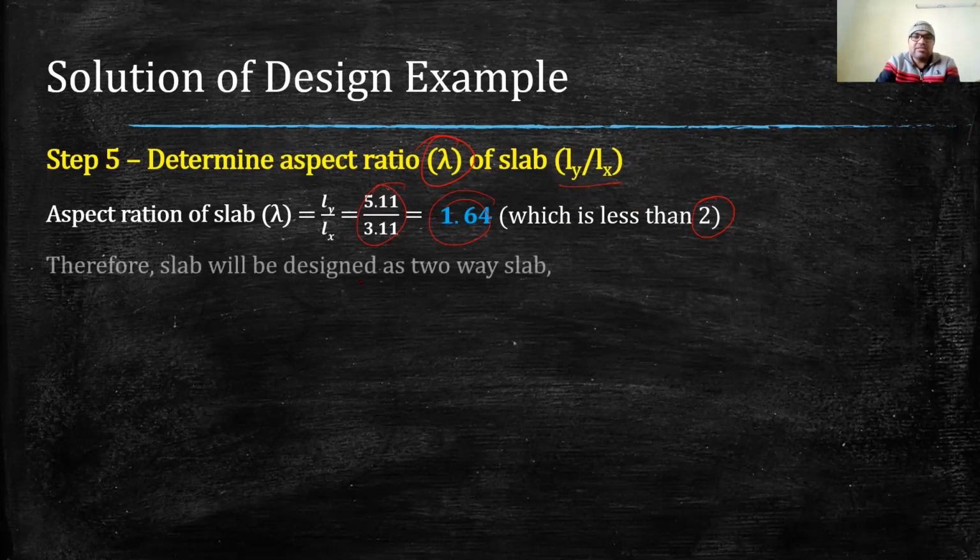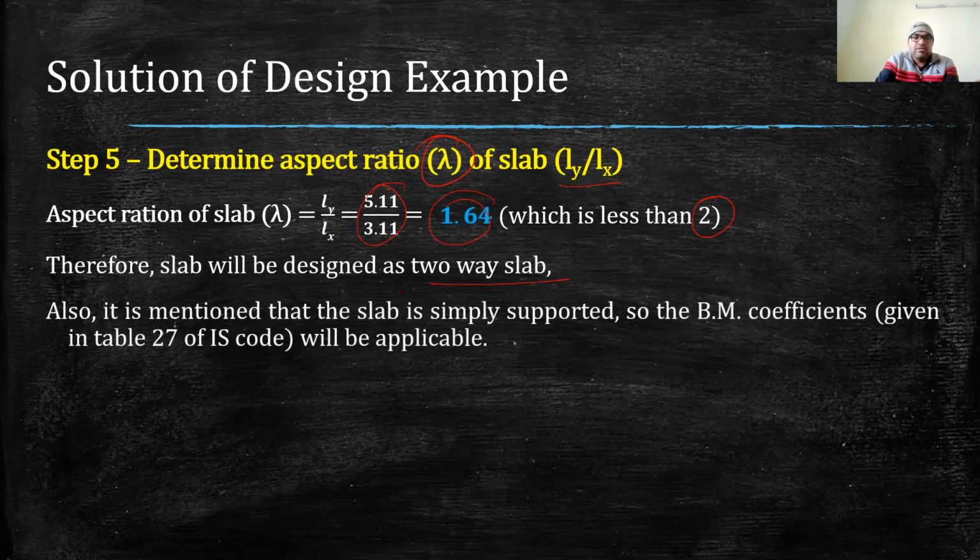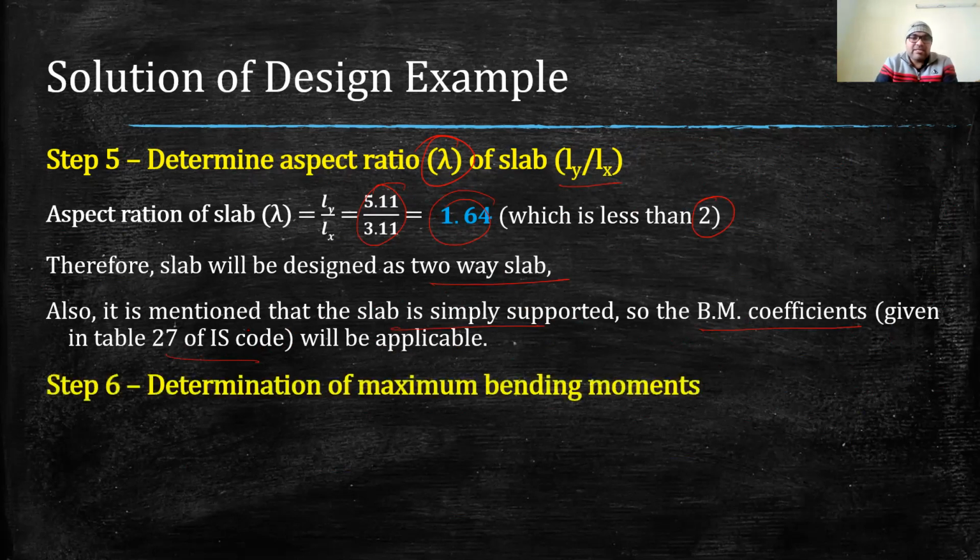So we will be designing this slab as a two-way slab. As it is already mentioned that the slab will be a simply supported slab, the bending moment coefficients, which are given in table 27, which I have explained earlier also, will be applicable in our case.